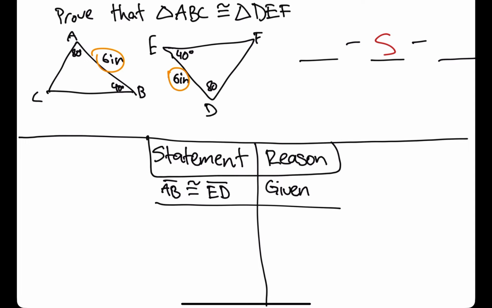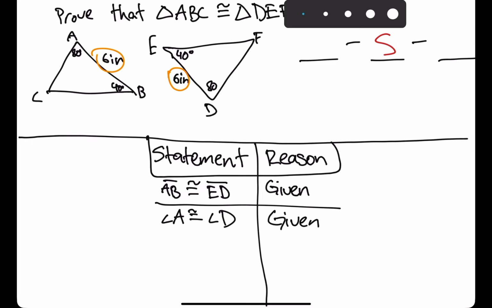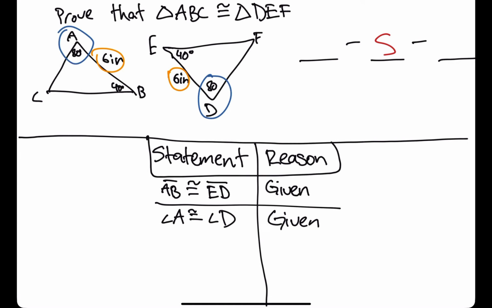Now we need to find the other angles. So let's take a look at angle A. We can say that angle A is congruent to angle D, and this is also given. As you can see in the blue, D is 80 degrees and A is 80 degrees.